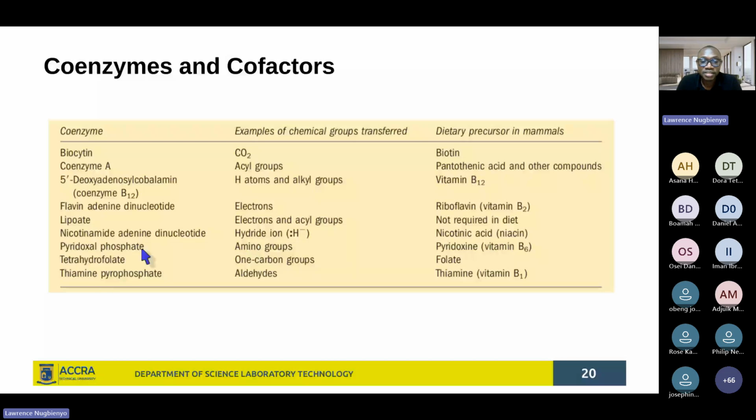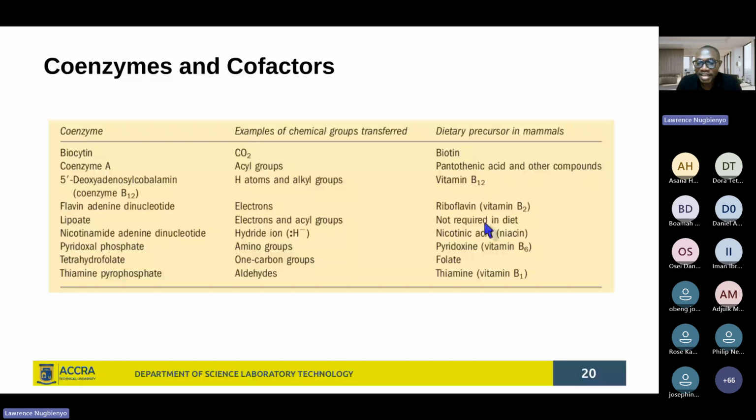Pyridoxal phosphate as a coenzyme is involved in the transfer of amino groups. You remember we just saw the reaction with aspartate transaminase. So pyridoxal phosphate will be acting as a coenzyme to that enzyme because that's transfer of amino groups.